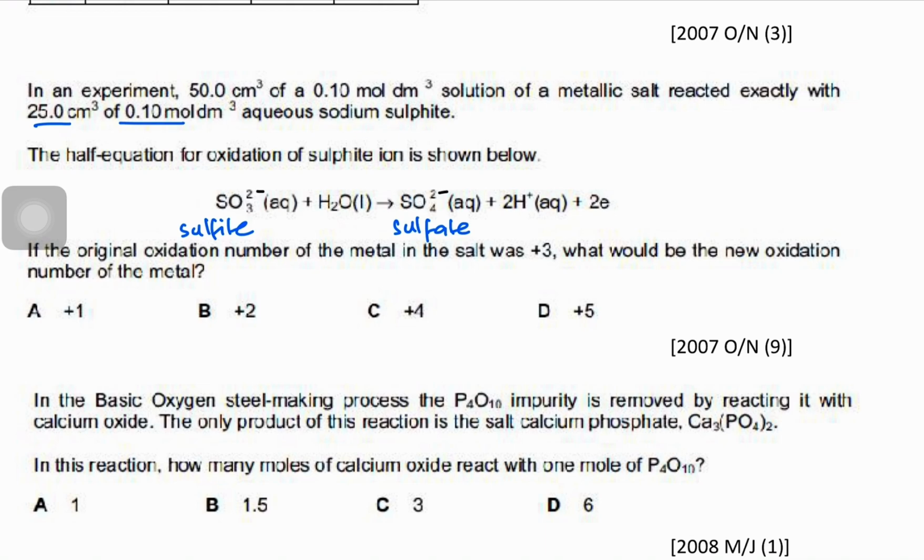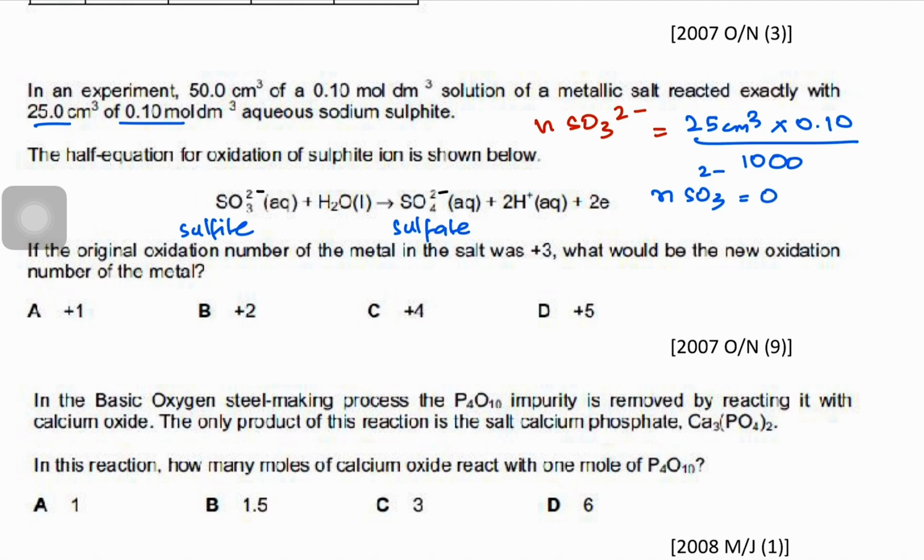Let's see. If you notice the moles of sulfite ions, you can find out that it was 25 cm³ times 0.10 mole per dm³ divided by 1000. So the moles of sulfite is equal to 25 times 0.1 divided by 1000.